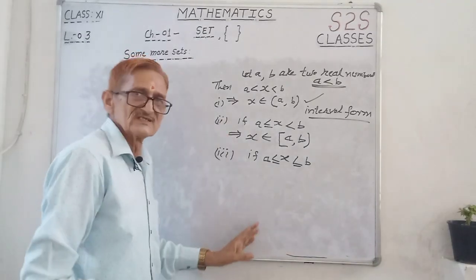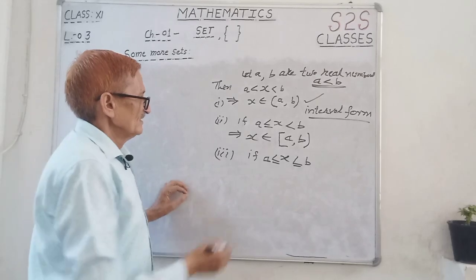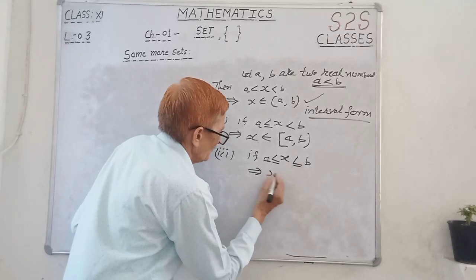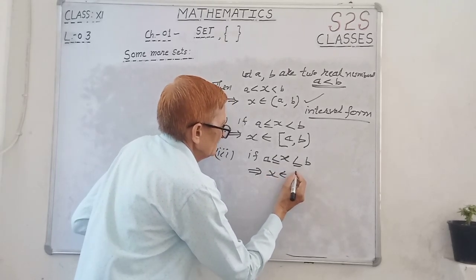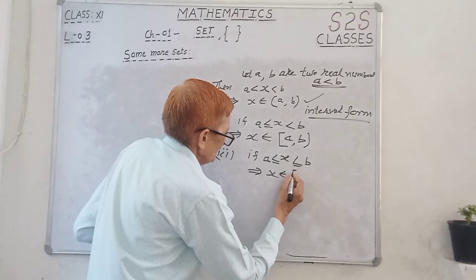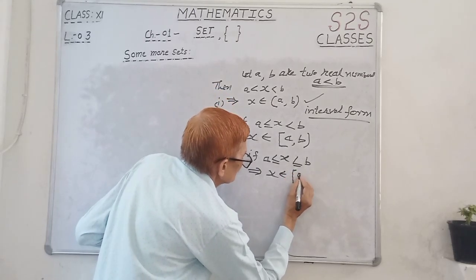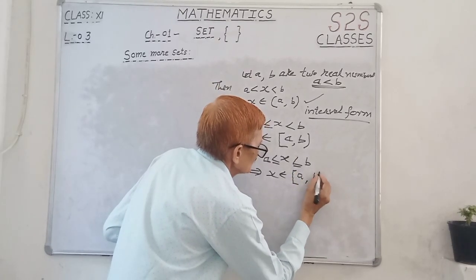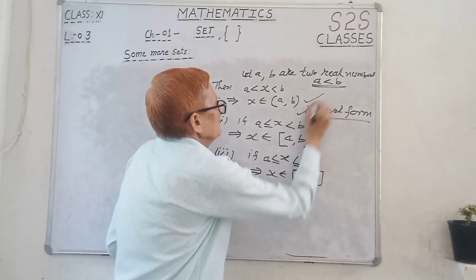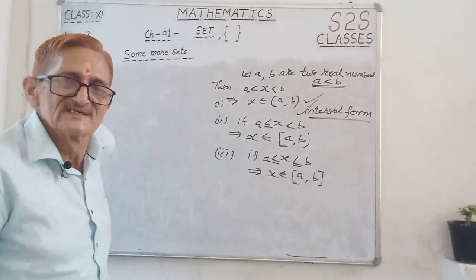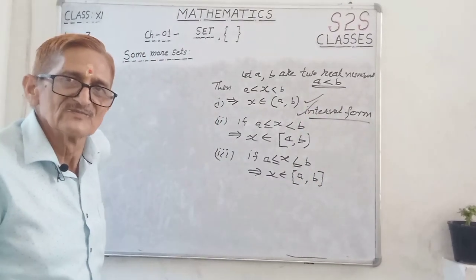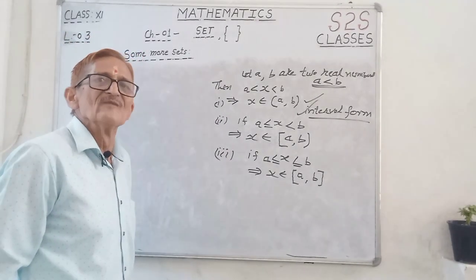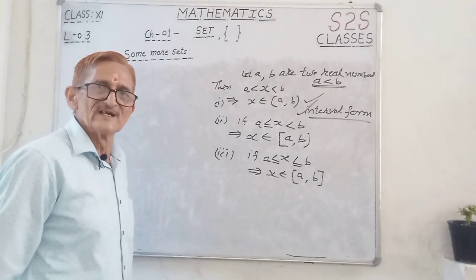Between that we are discussing these four cases. If x is greater than or equal to a and less than or equal to b, then this can be written in interval form: x belongs to the set [a, b], a included with a closed square bracket, comma, b included, this also closed. These are called interval form of a set, a set written in interval form. And this is used for all real numbers between the two numbers a and b.